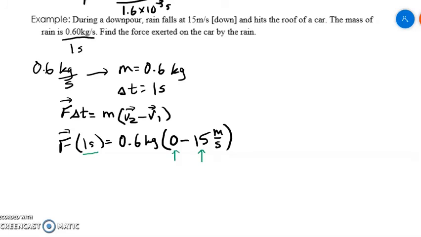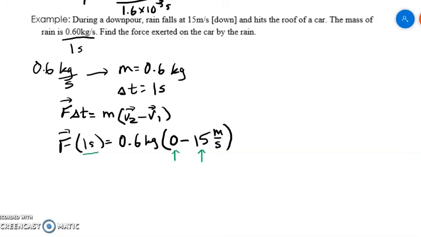But each raindrop is not taking a full second, or even this whole 0.6 kilograms of rain is not taking a full second to slow down to 0. So it's not a great question, but let's just ignore that for a second and just use what we're given here to figure out what would be the force required to take that much rain, 0.6 kilograms, and slow it down from 15 meters per second to 0 in 1 second.